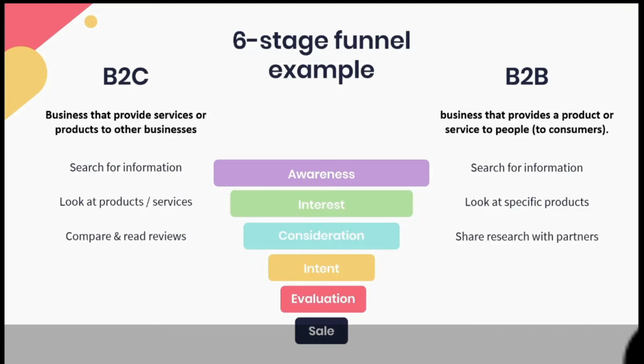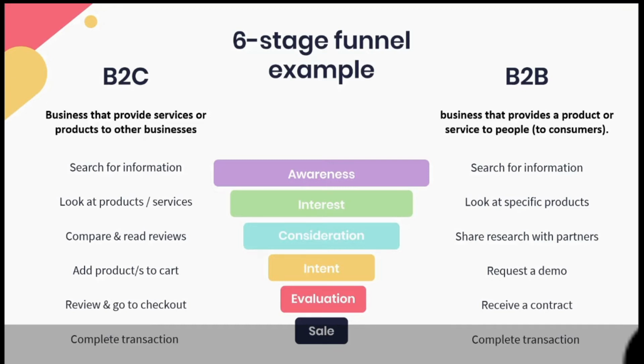Then under intent, we would have either adding a product to a cart under B2C, and B2B might be something like requesting a demo. Under evaluation, under B2C, we would review and go to checkout, whereas B2B might receive a contract. And then, of course, a sale would be to complete the transaction.